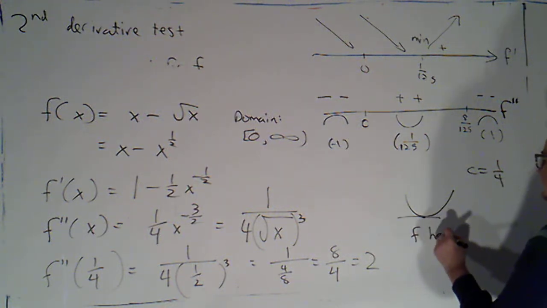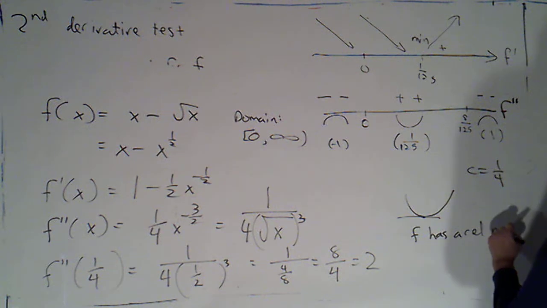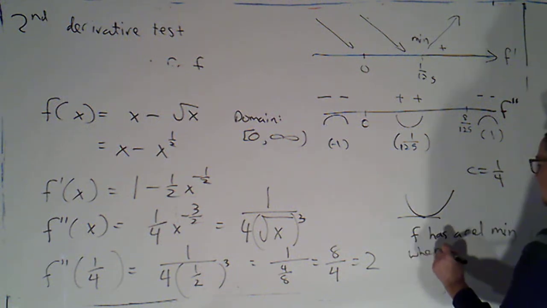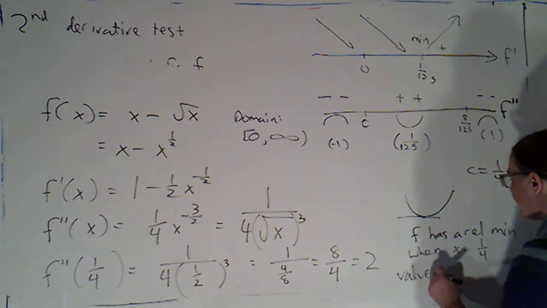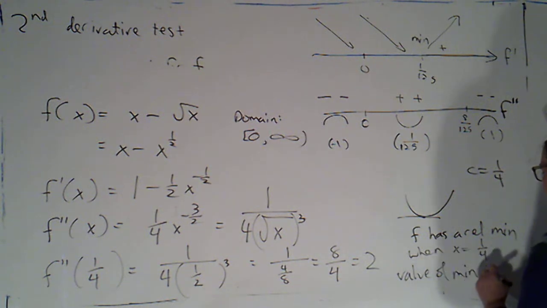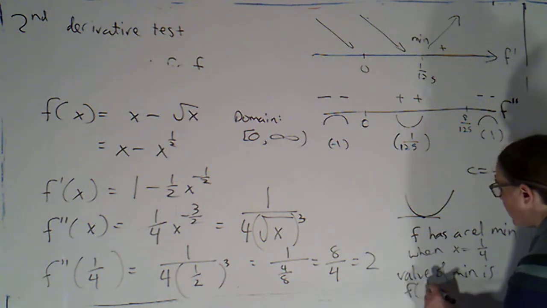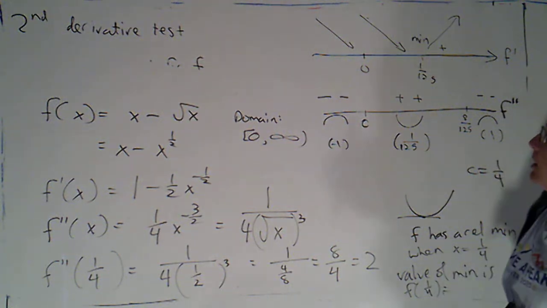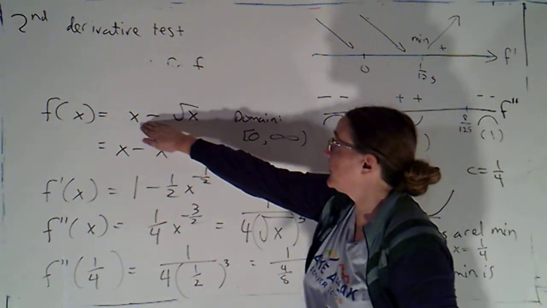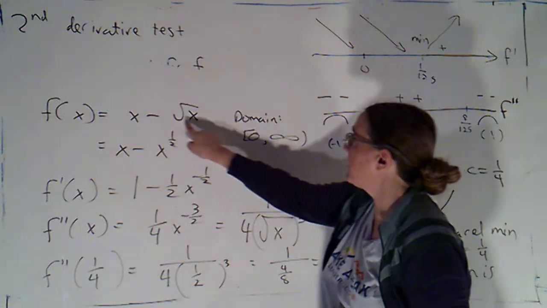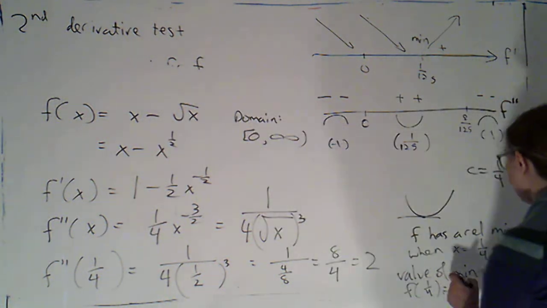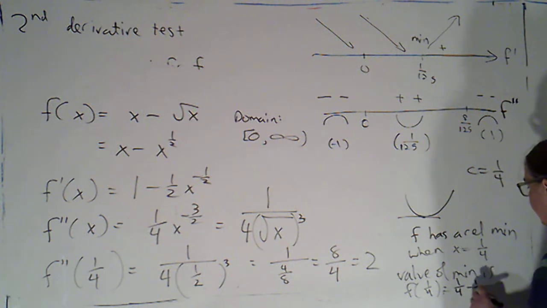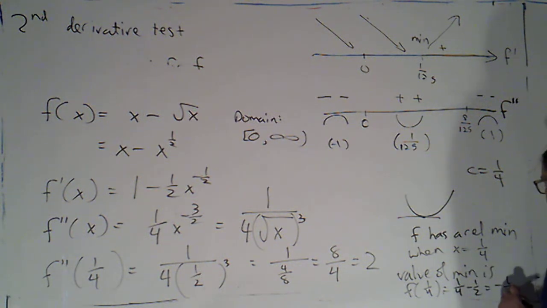So f has a relative min when x equals 1/4, and the value of the min is f of 1/4, which would be, plugging into the original function, 1/4 minus the square root of 1/4, which is 1/2, so a fourth minus a half, which is going to give me negative 1/4.